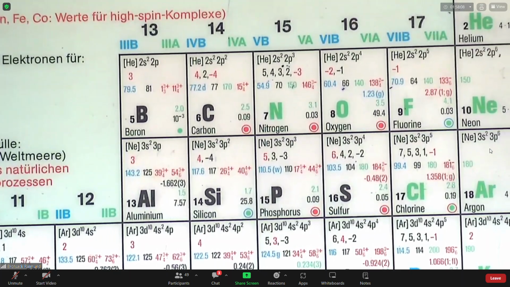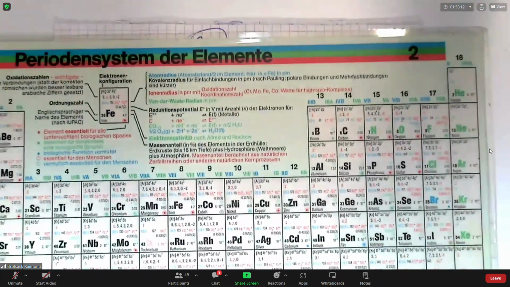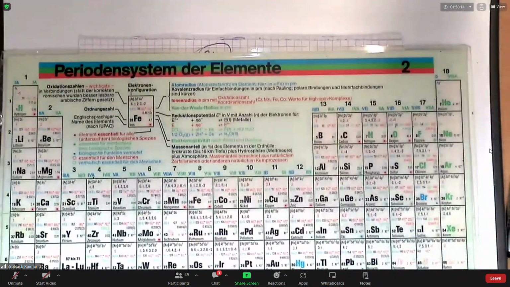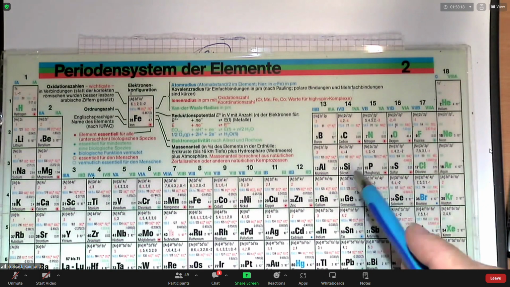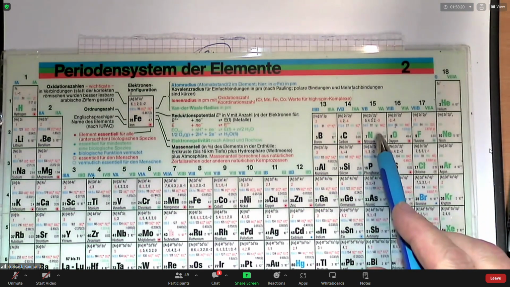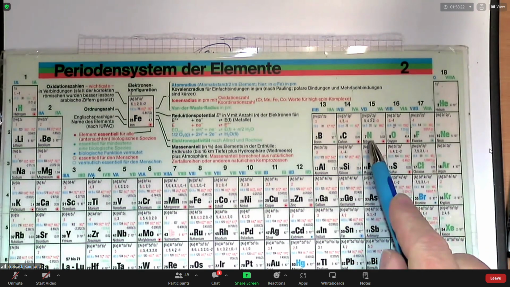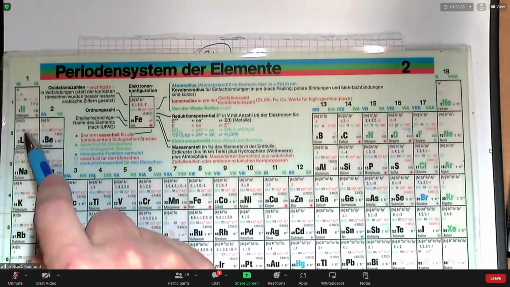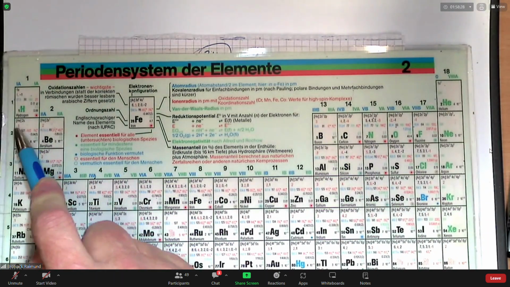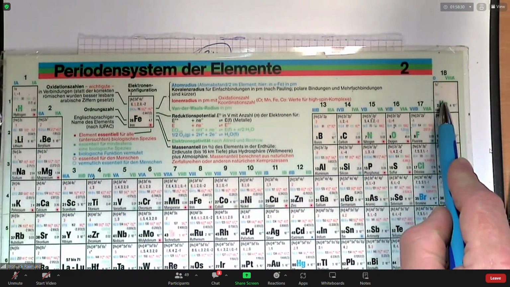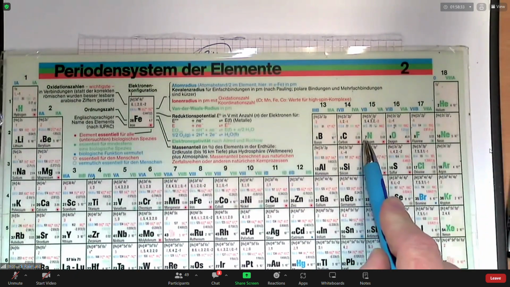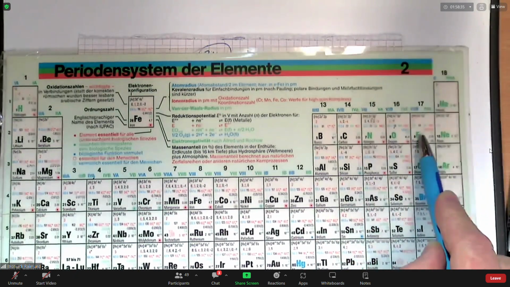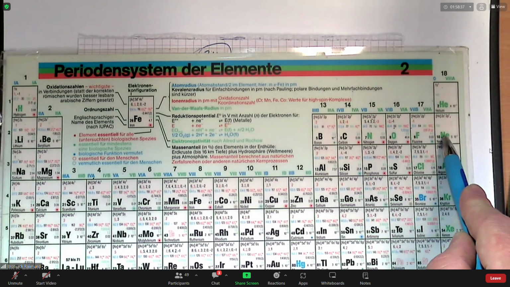Let's ask, why is +5 the highest number for the nitrogen? Nitrogen, we can take away 5 electrons, 1, 2, 3, 4, 5 maximum, and then we end up at helium. Or we add 3 of them, 1, 2, 3, then we end up at neon.